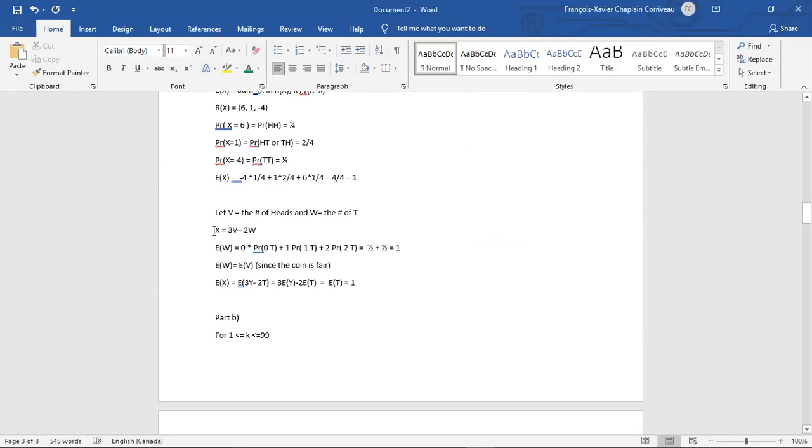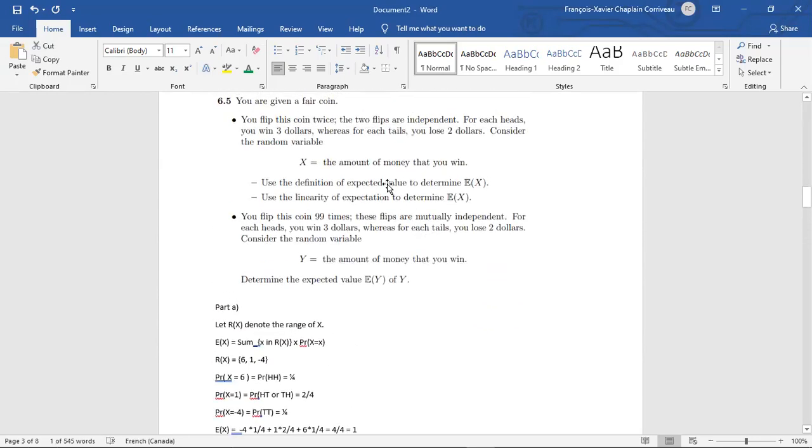X is the amount of money that I win over two flips, not over one flip. So I cannot really use X here. We have to be a bit careful. Do you see the difference? This is two flips, not one flip.